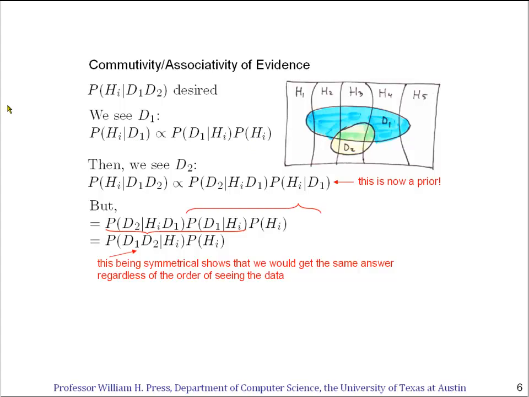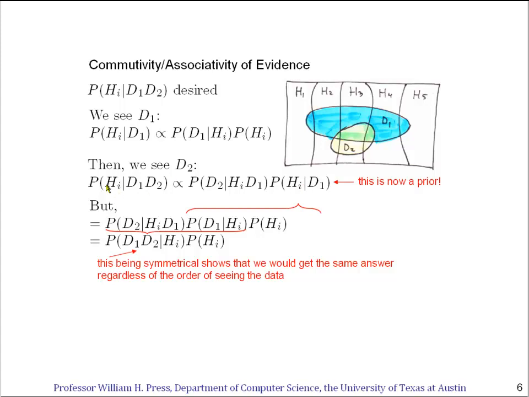Now suppose we see D2. Here's the key point. The prior probability going in here was P of H1, but the posterior probability coming out is P of Hi given D1. And this posterior probability becomes the prior probability of the next stage of the calculation.